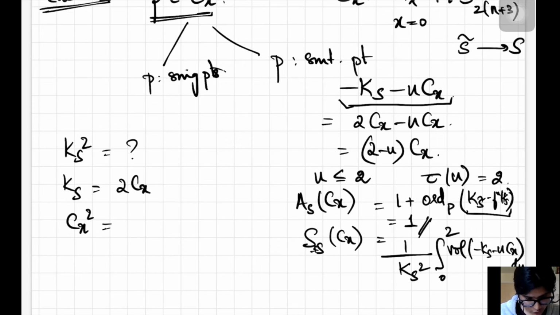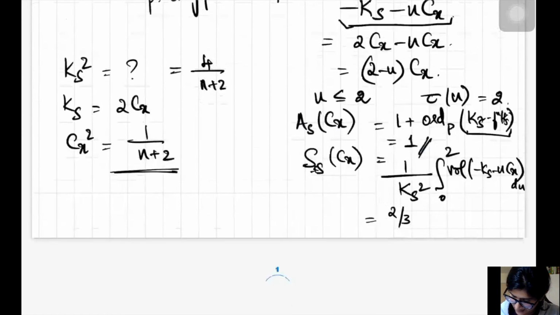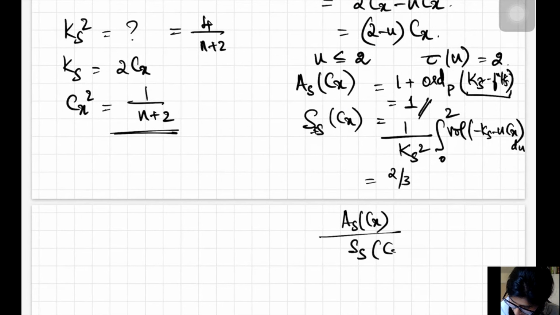This tells you that your Cx squared is 1 over n plus 2, and so your Ks squared is 4 over n plus 2. When you do this computation here, you'll end up with 2 over 3. And so your A_S of Cx over S_S of Cx would be 3 over 2.